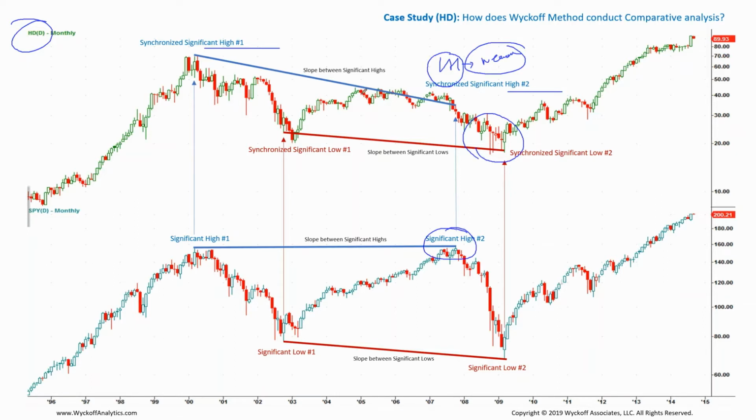We just know that being weaker suggests that we might see some kind of outperformance to the downside. And initially, right here, we were underperforming. When the market was still creating the new highs, look at how Home Depot already was going down.